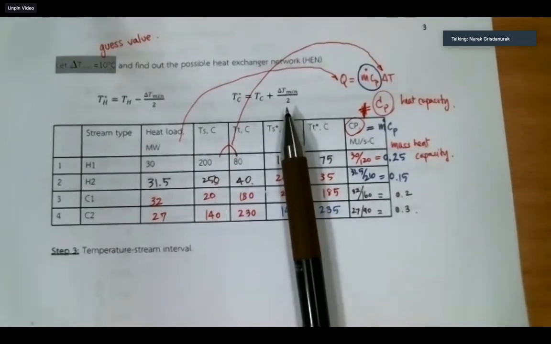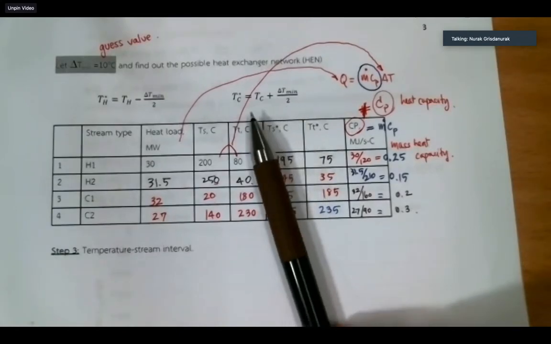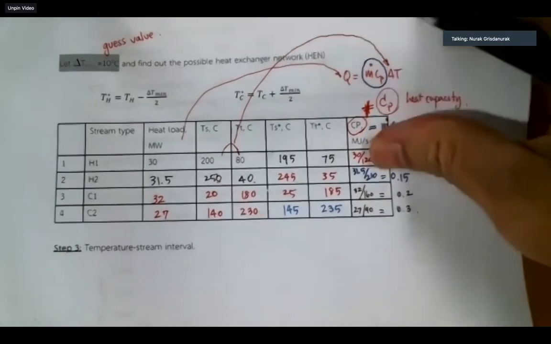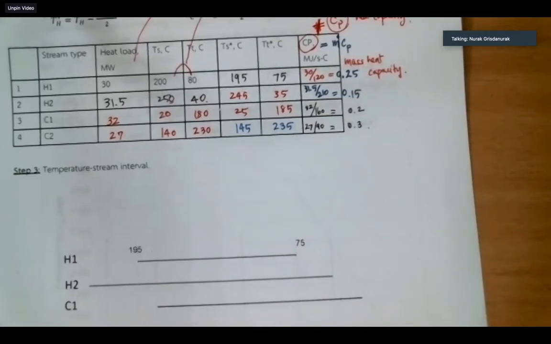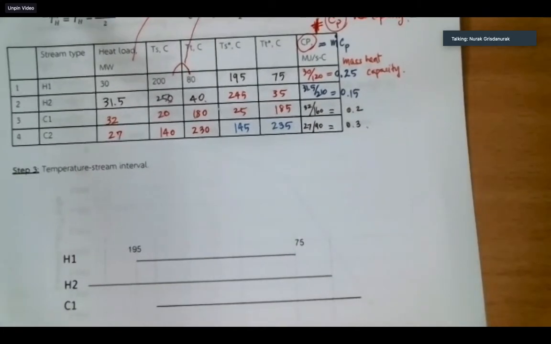What we are trying to do now is a combination of the streams, a combination of the heat, put them together first, and we will return the benefit or the loss later on in step number 9 and 10.